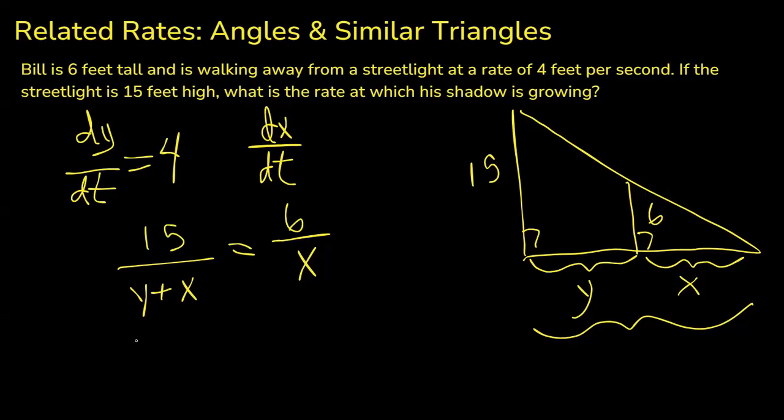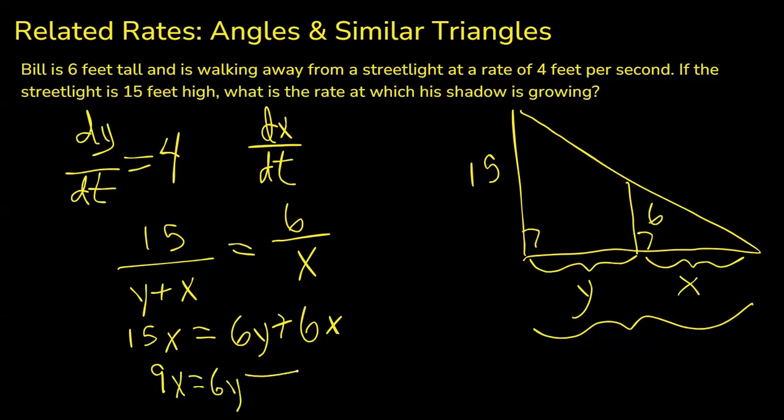If we cross multiply, we would have 15x equals 6y plus 6x. And then simplifying that a little bit, combine the x's, you would have 9x equals 6y. So y equals 9/6 x, which would be 3/2 x.